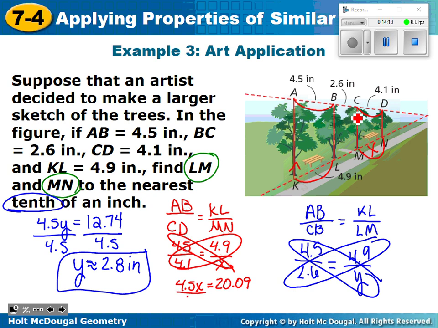Divide by 4.5. And what do we get for x according to the directions, rounded correctly? Okay, so Alexis gave us the calculator, but what do we get when we round according to the directions? 4.5 what? Inches. All right, so we were looking for MN. So MN is 4.5 inches.